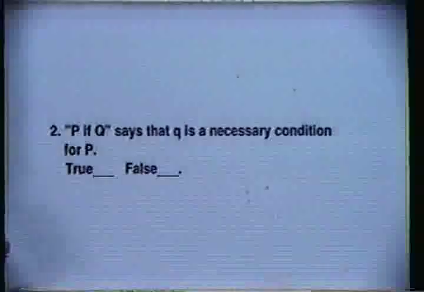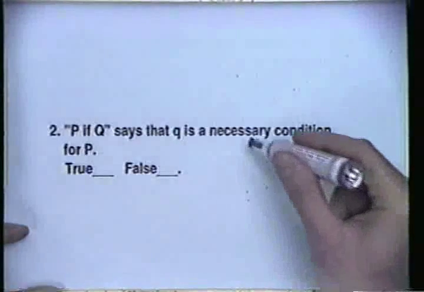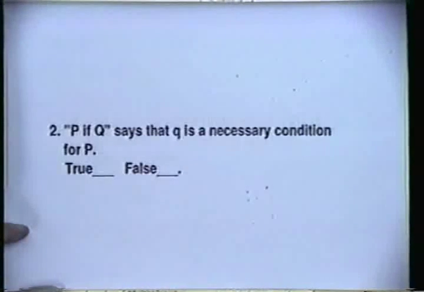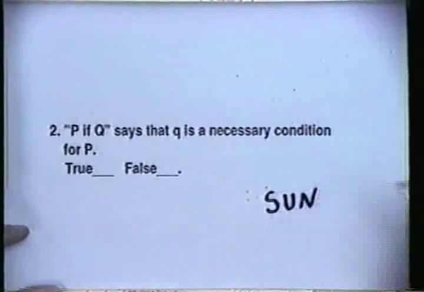Now let's look at number 2. P if Q says that Q is a necessary condition for P. Well, what we need to know here to answer true or false is how we symbolize something's being a necessary condition. There's a little rule of thumb that may be helpful here. Think of the small word sun.